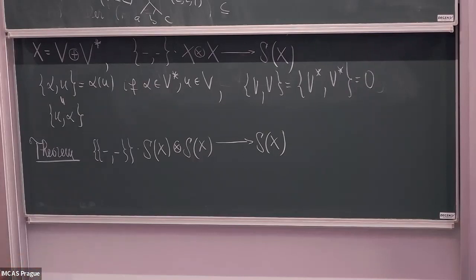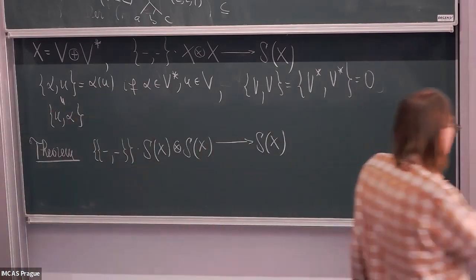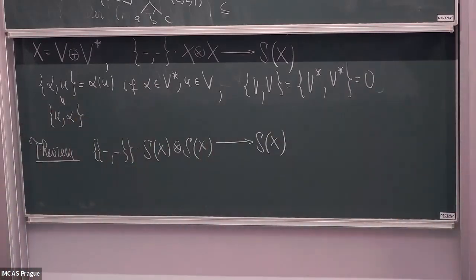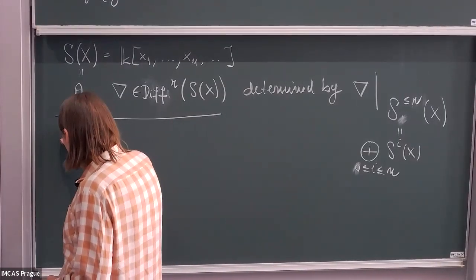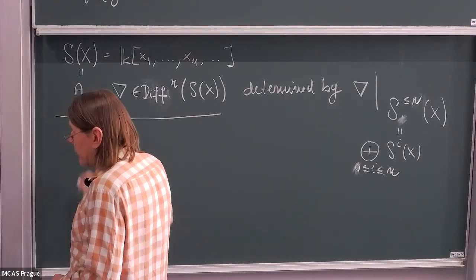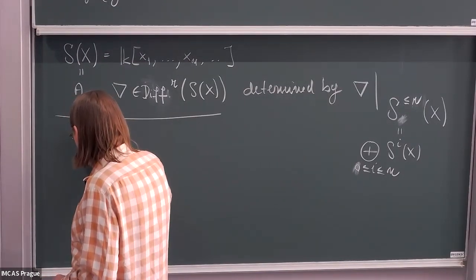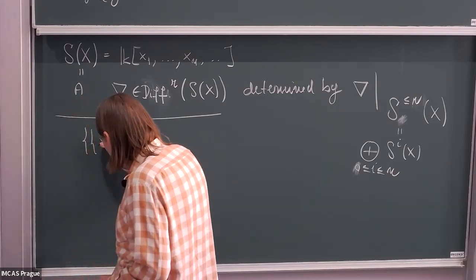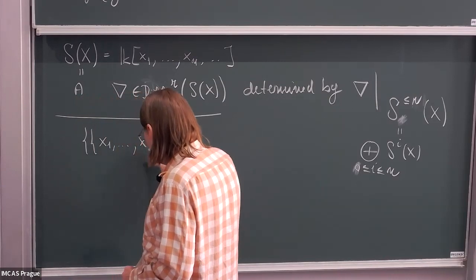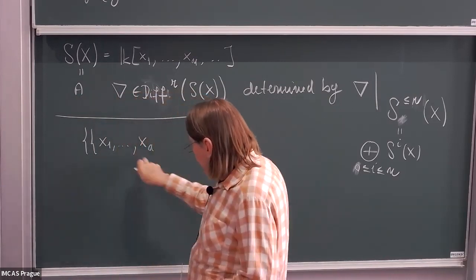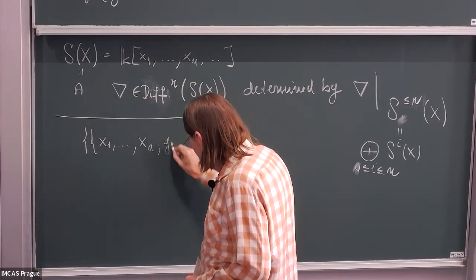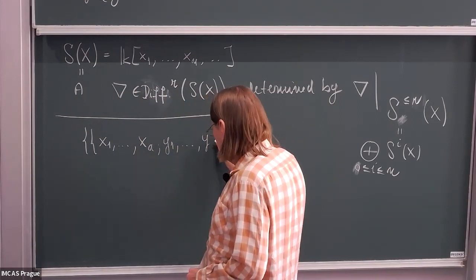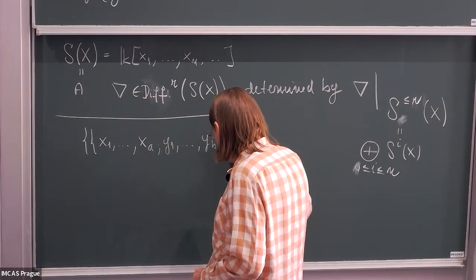Maybe it's indeed a good idea to write the extension, at least to indicate how it looks. This will explain it. So I have some x1 up to xa, these are generators, and y1 up to yb.